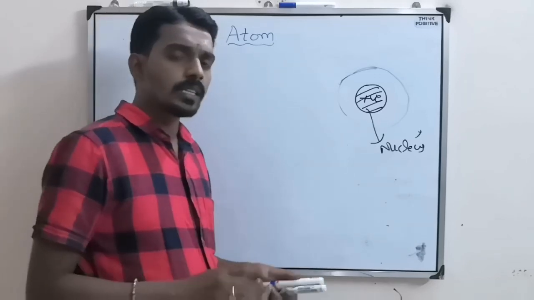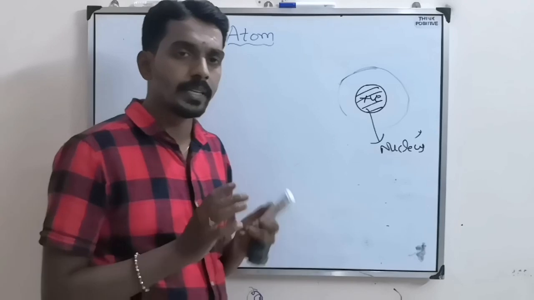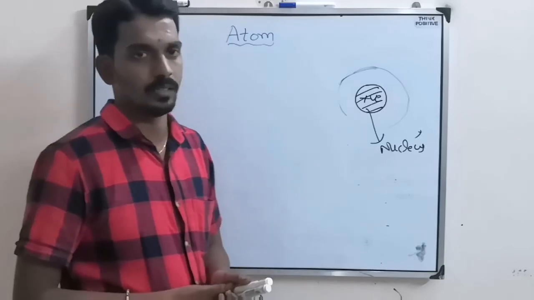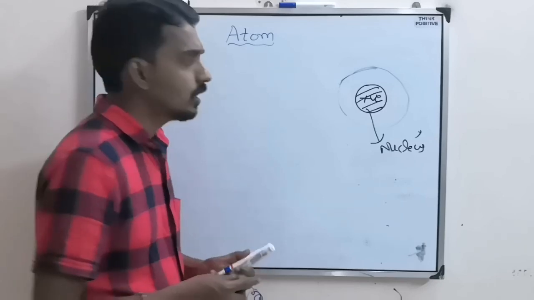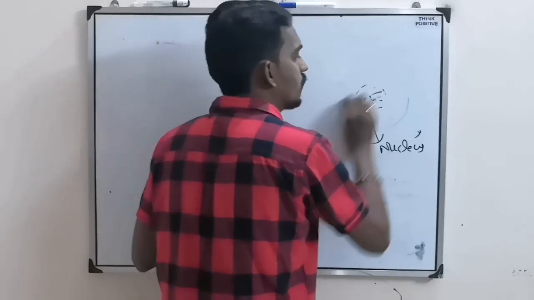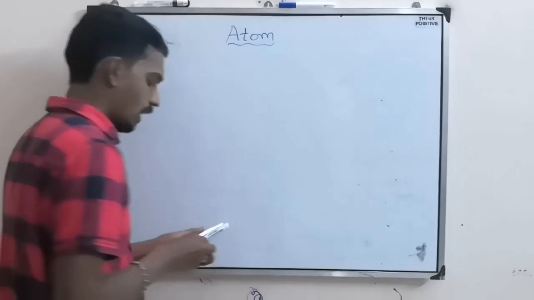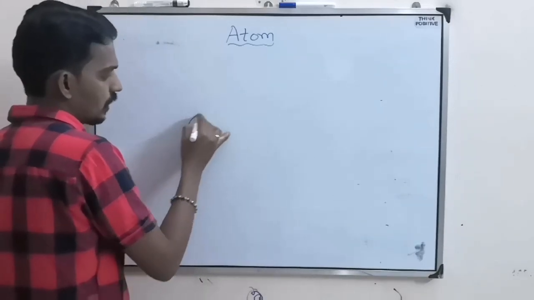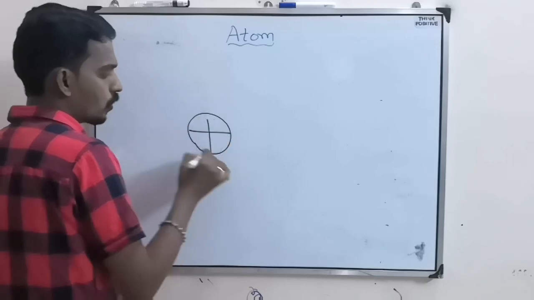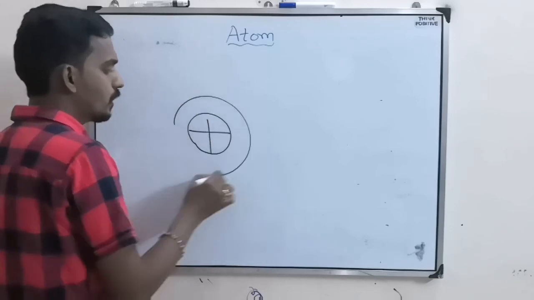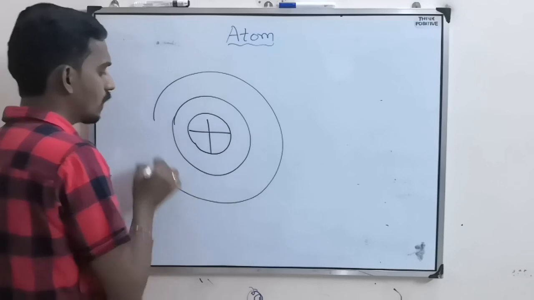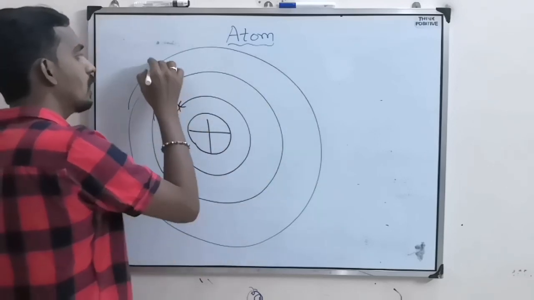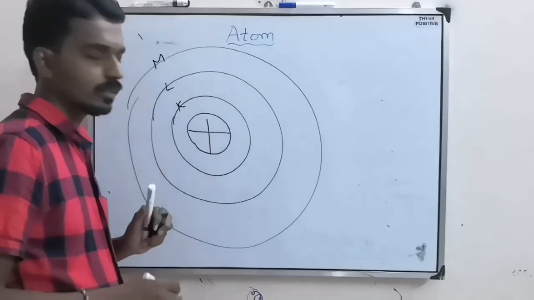And he said the electrons are revolving around it, but he did not mention exactly what the path or orbit of the electron is. And for that, Bohr has given another theory. For an atom, what Bohr said is that if you consider an atom, this is the positive nucleus around which the electrons revolve in circular orbits called K, L, M, N, O, and so on.